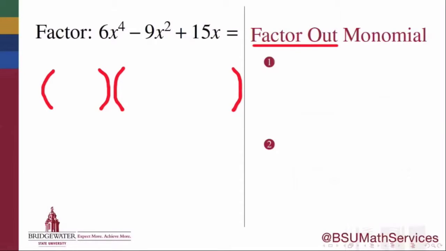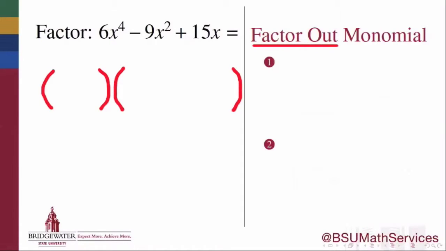So I'm going to write a blank shell of one expression multiplied by another expression in parentheses that we're going to try to fill in a way which, if we were to re-multiply that expression back out, we would arrive back at the original expression we started with.